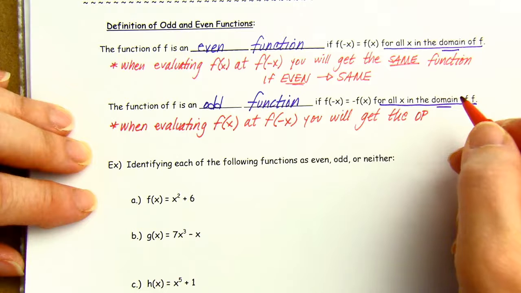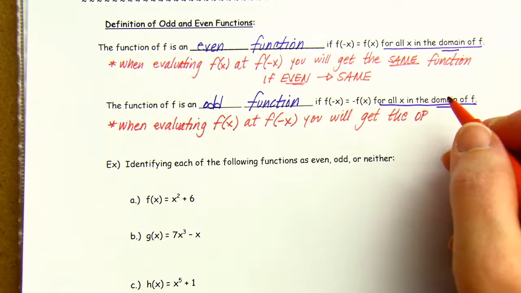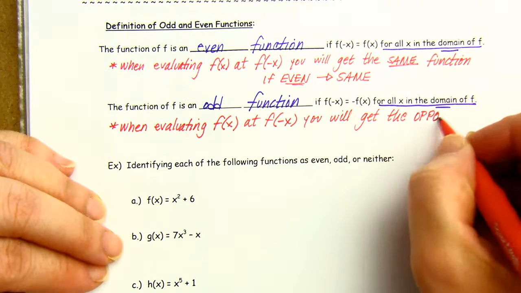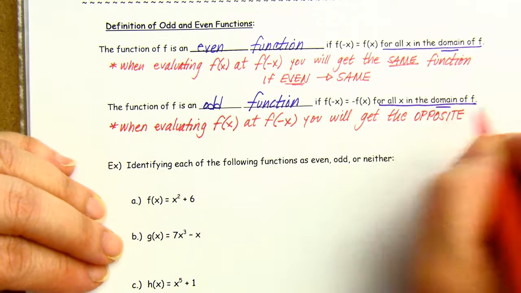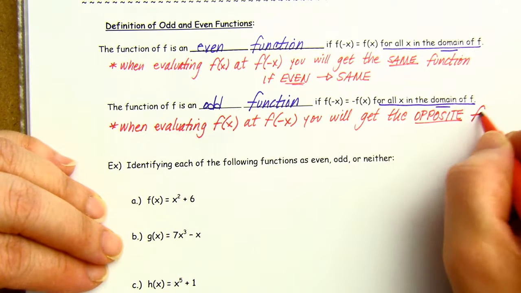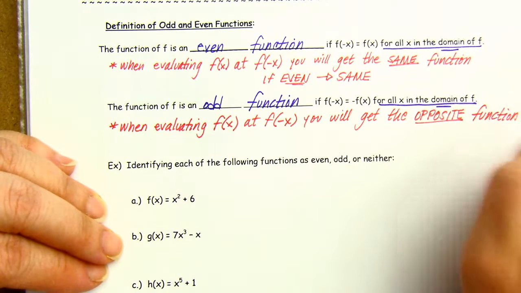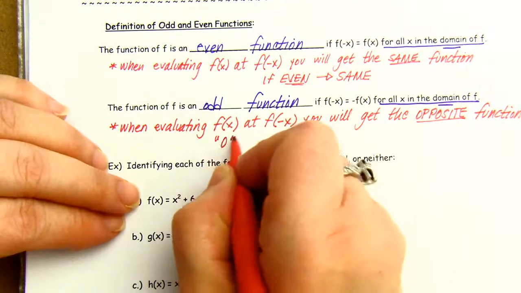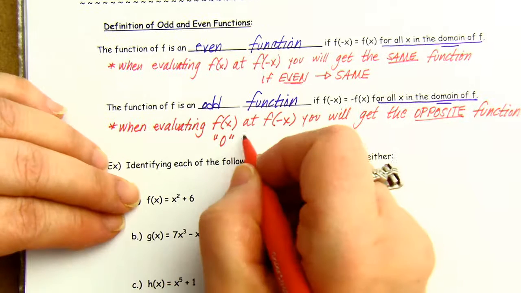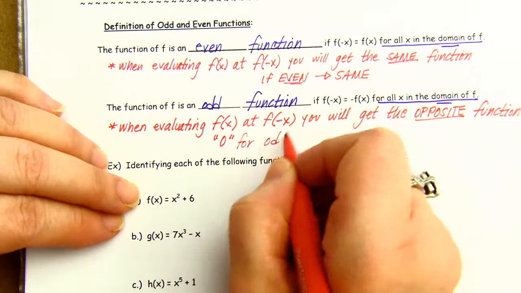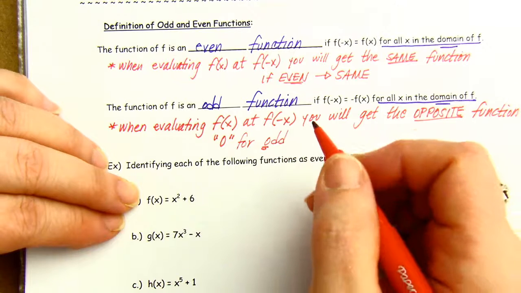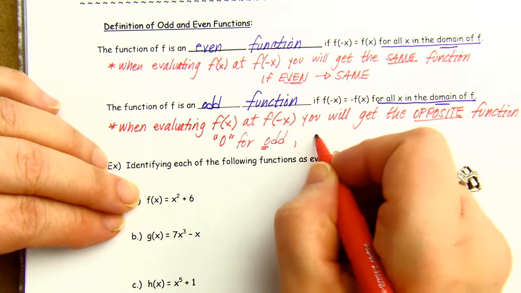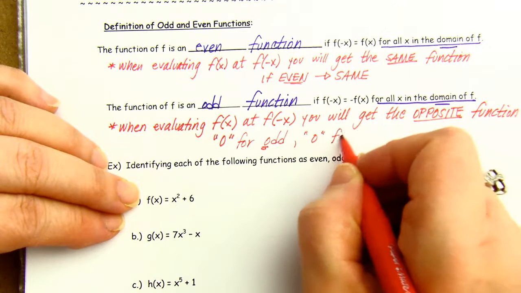You know, when you take the opposite of x, it's negative x. When you take the opposite of 2, it's negative 2. When you take the opposite of x plus 1, it's negative x minus 1. So you're going to get the opposite function out. And I always remember it, O for odd, it starts with the letter O, comma, O for opposite.